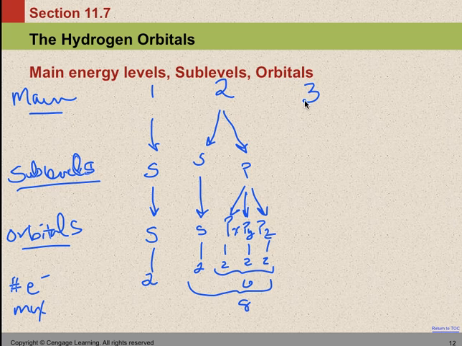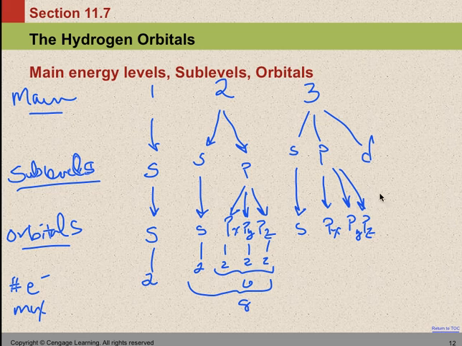The third main energy level has 3 sublevels. They are the S, the P, and the D. The S sublevel has 1 orbital called the S orbital. Again, slightly bigger than the 2s. The P has a px, a py, and a pz. And then the D has the D1, D2, D3, D4, and D5.